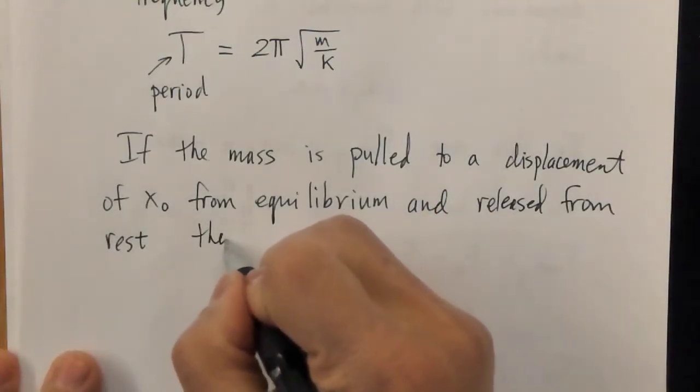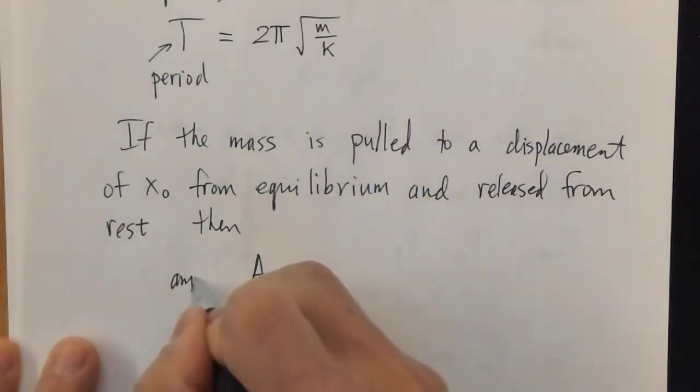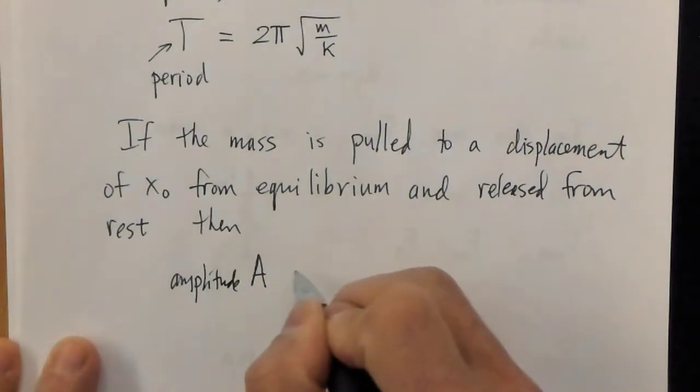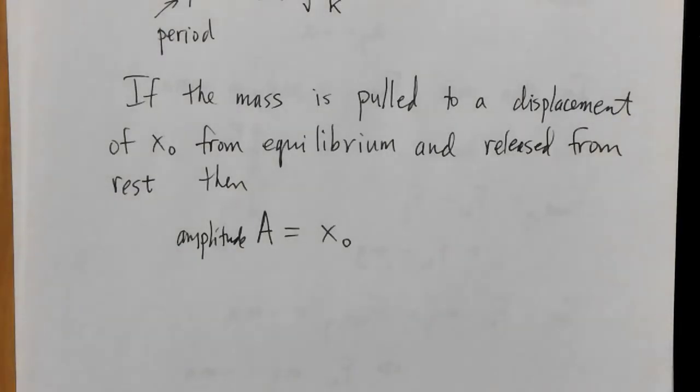Then what you'll find is that the amplitude A is just equal to x0. What I'm saying is, very simply, here's equilibrium, and let's say I bring it up here, so y0.